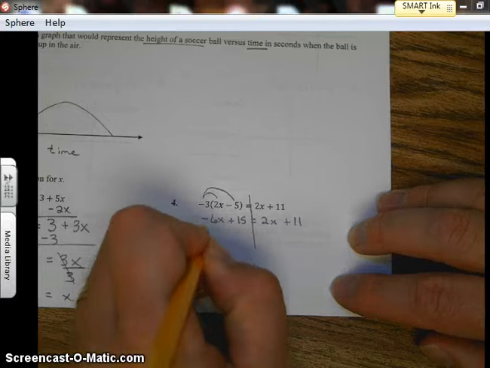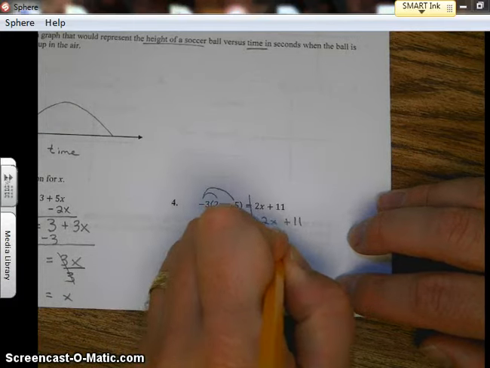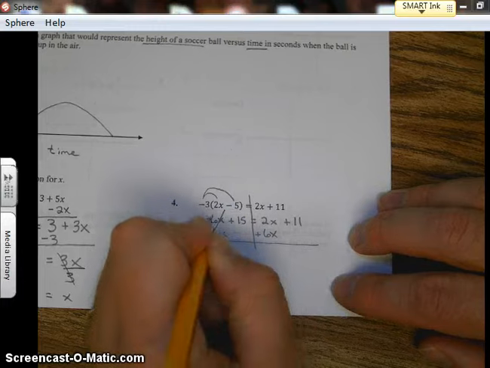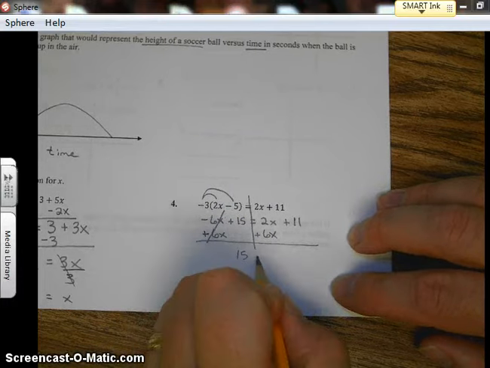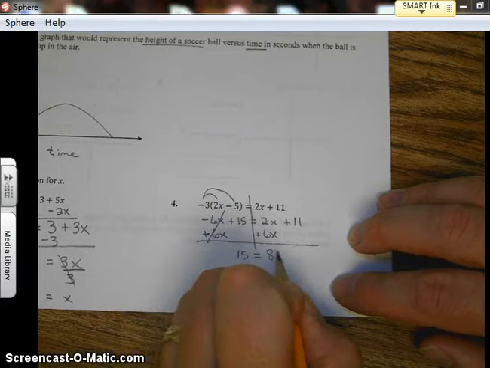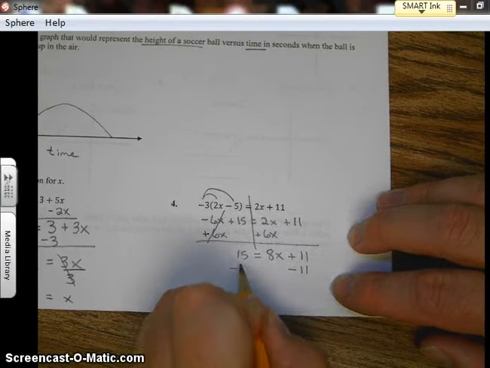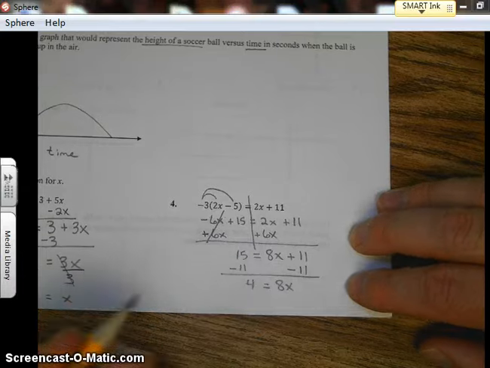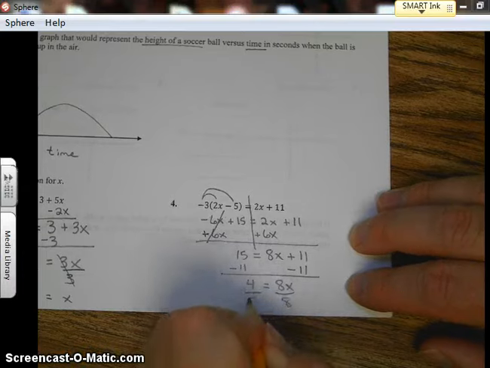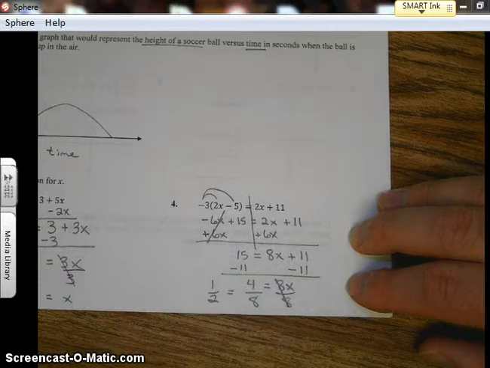So I'm going to cancel out the smaller one. -6 plus 6 is 0. And then we just solve. So x equals 1/2.